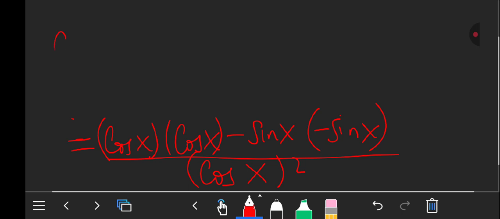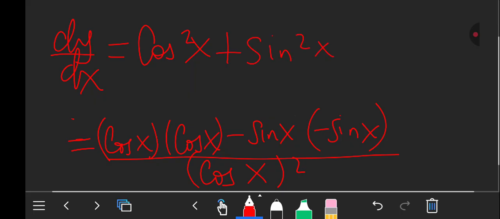So what is our dy over dx? This will be equal to cos x multiplied by cos x, that is cos square x. Then negative multiplied by negative is a positive, so it will be plus sin x multiplied by sin x, which is sin square x. On the denominator, cos square x.